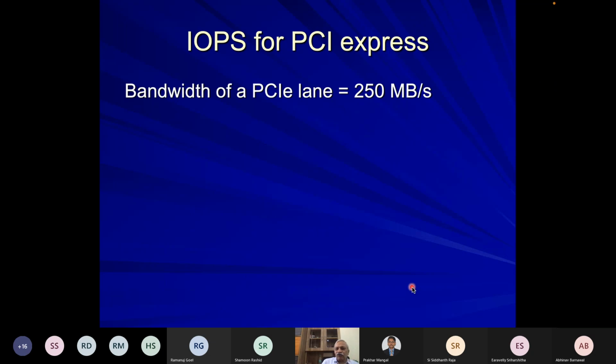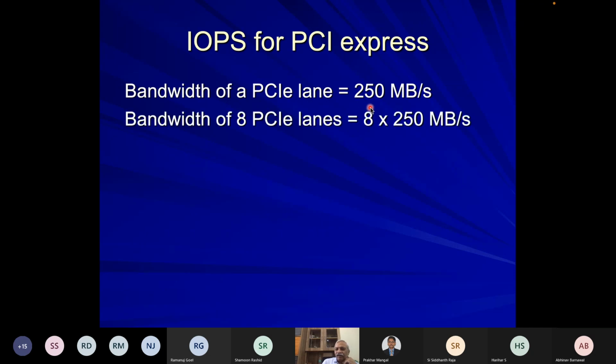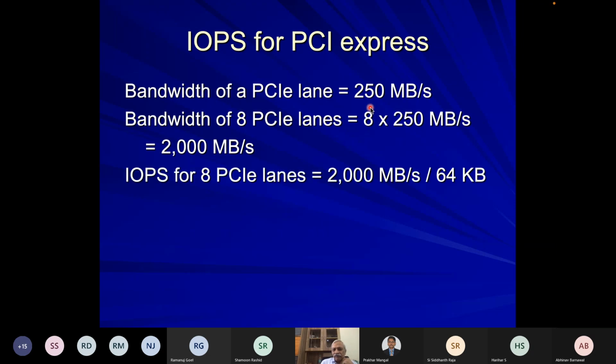Now the data has to go through the PCI Express bus. We need to look at the bandwidth of that. The bandwidth of each lane is given as 250 megabytes per second. For 8 lanes, it will be 8 times, which is 2000 megabytes per second. And each IO operation requires 64 KB to be transferred.